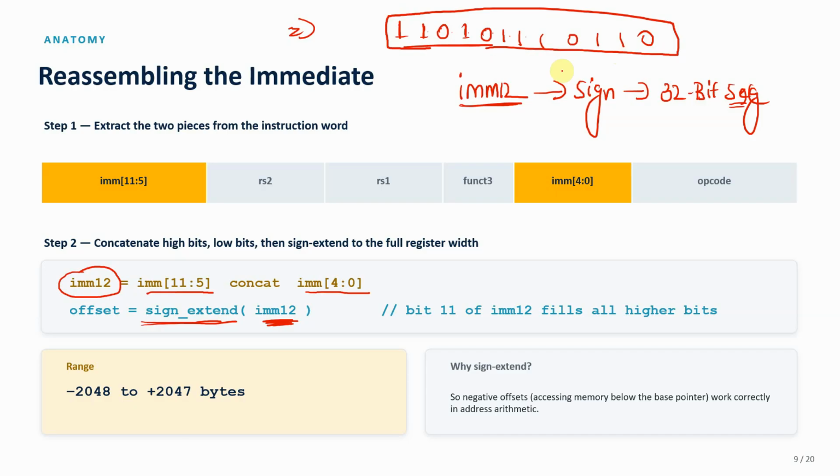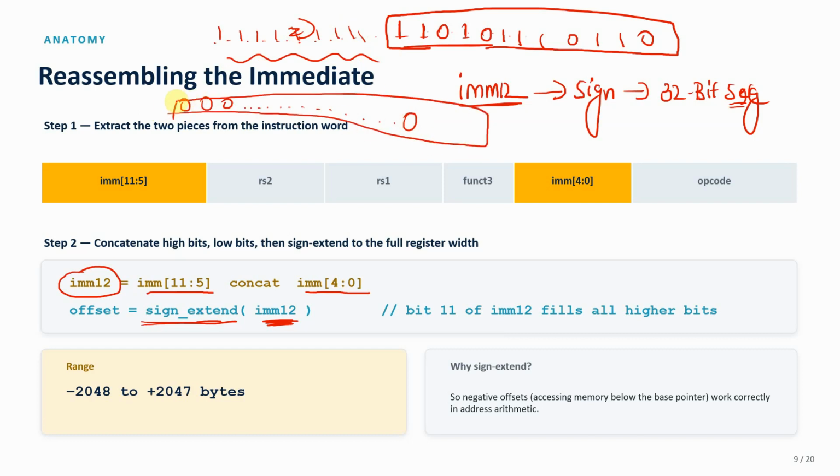Now let's say this is a negative value, and you can see your MSB is equal to 1. If you sign extend it, you fill the upper bits with ones and convert it into a 32-bit value. But if your MSB is equal to 0, you copy zeros into the upper bits and form a 32-bit value. That is nothing but sign extension. I can also have negative offsets, and that's the reason I perform sign extension here.